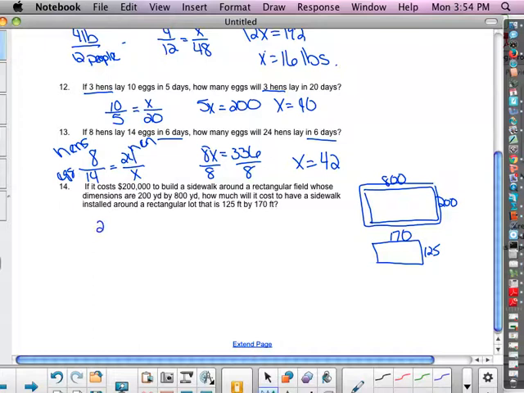So for 2,000 linear feet, it costs $200,000. Now look at the perimeter of the second sidewalk. And that is 590. So the cost for that is X.